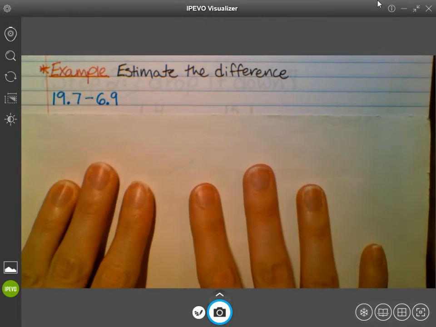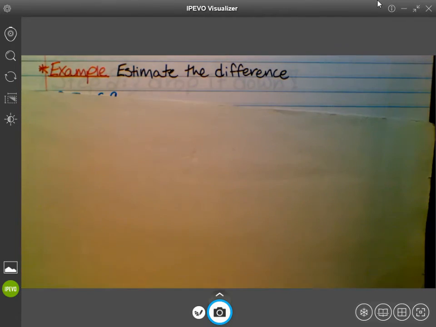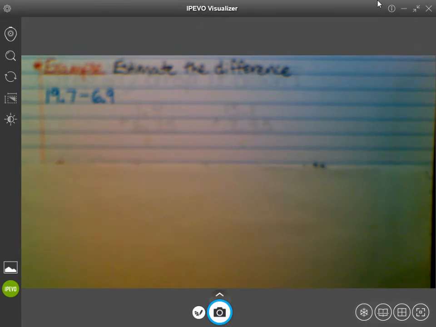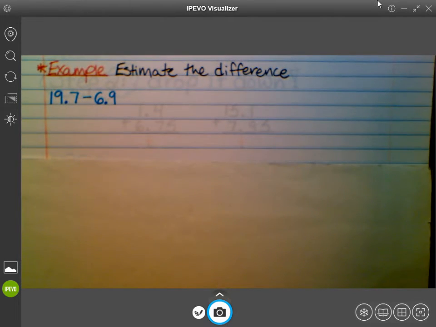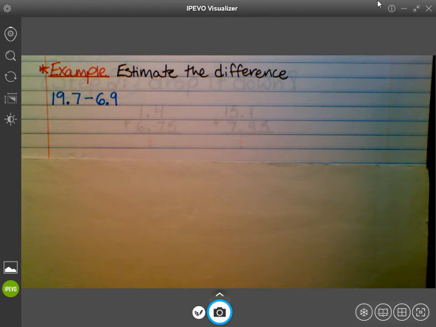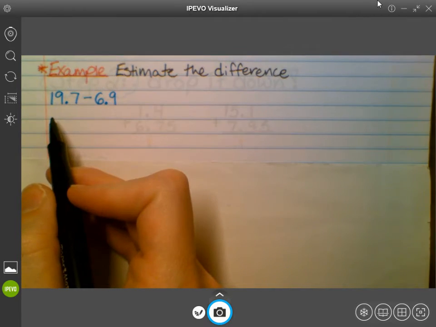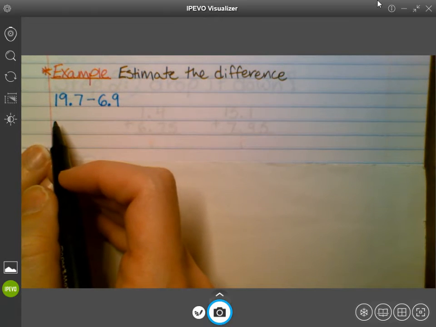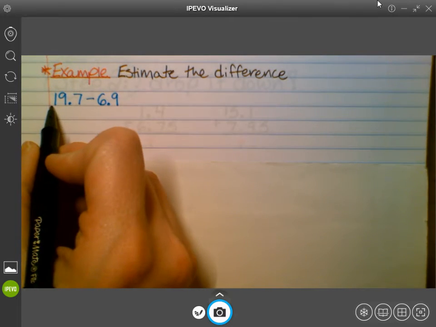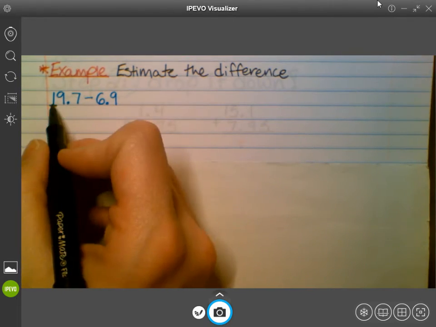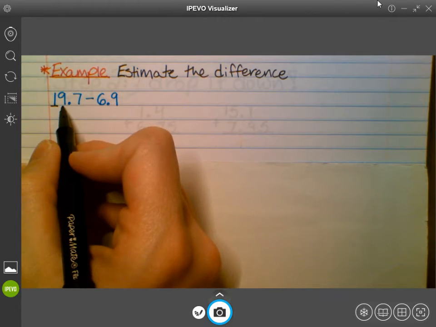All right, let's see if we all rounded the same. I'm going to use black. So we said in our first number that the tens place was the largest place value. So I would underline my 1. Then I'm going to look next door. Next door, I have a 9.